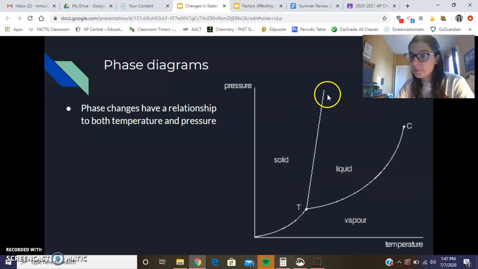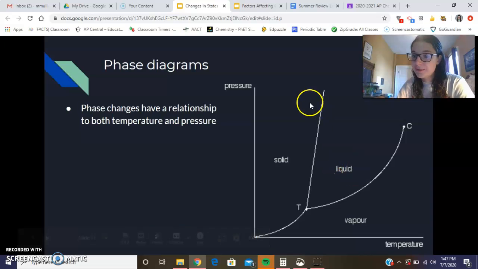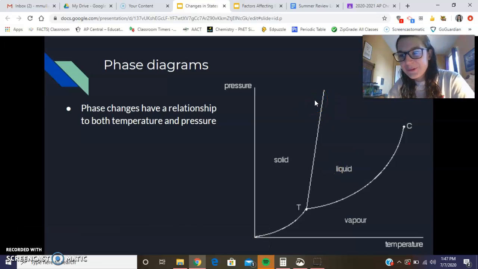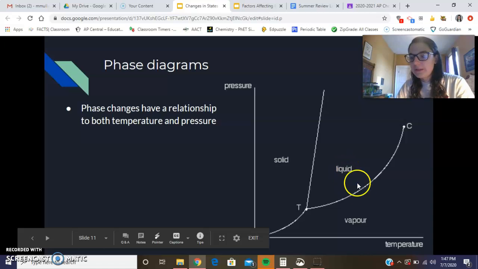If we have higher pressure, notice that we need higher temperature in order to melt that solid into a liquid, or freeze that liquid into a solid. It's the same for going from liquid to gas or vapor. At this given pressure, in order to achieve this state change, we need this given temperature.